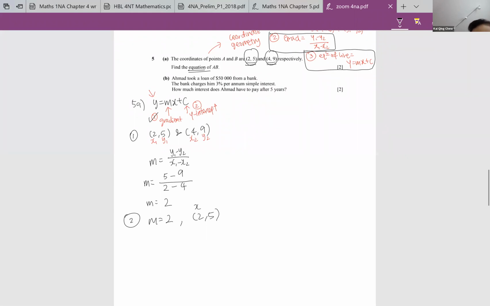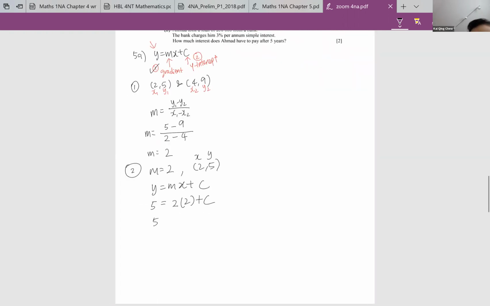So y equals mx plus c: y is 5, m is 2, x is 2, plus c. Do you see now how I can find c? Now I have 5 equals 4 plus c. Bring over the 4, c is equal to 1.